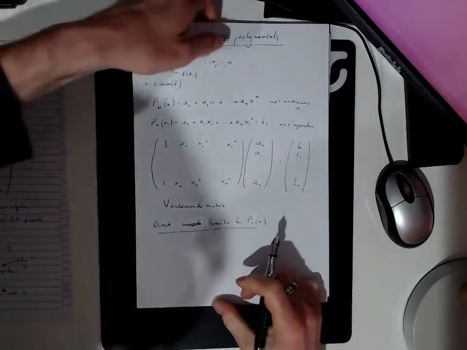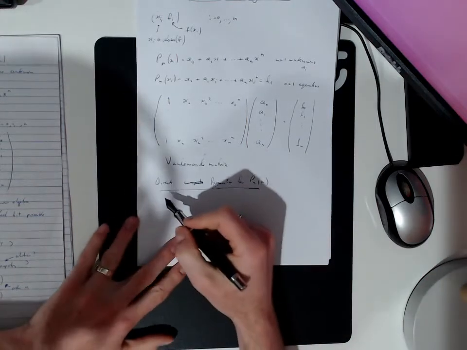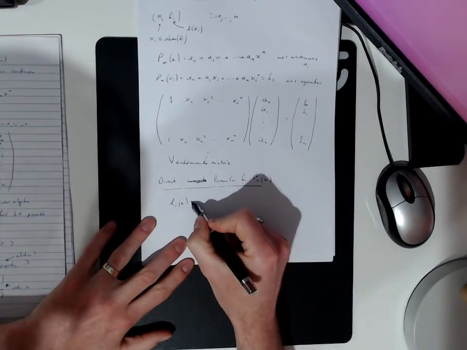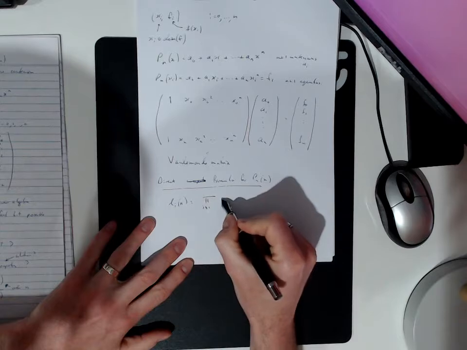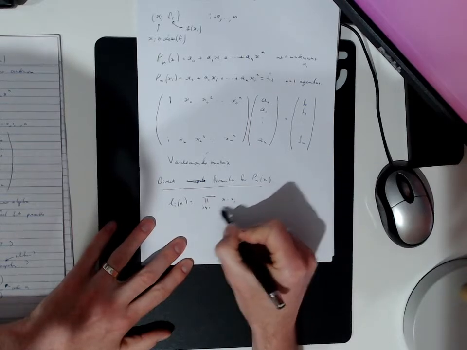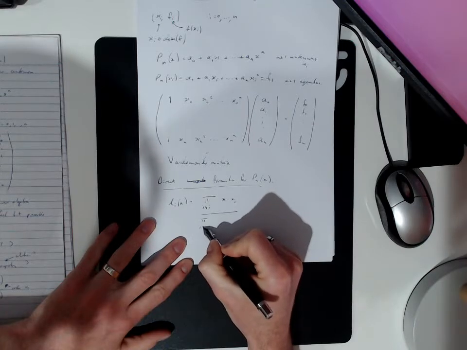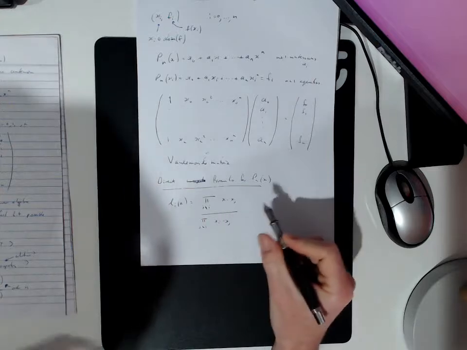So before I actually give a direct formula for P_n(x), I'm going to consider some functions. I'm going to denote L_i(x). These are going to be polynomials, and in particular they're going to be the product over j not equal to i of x minus x_j, divided by the product over j not equal to i of x_i minus x_j.